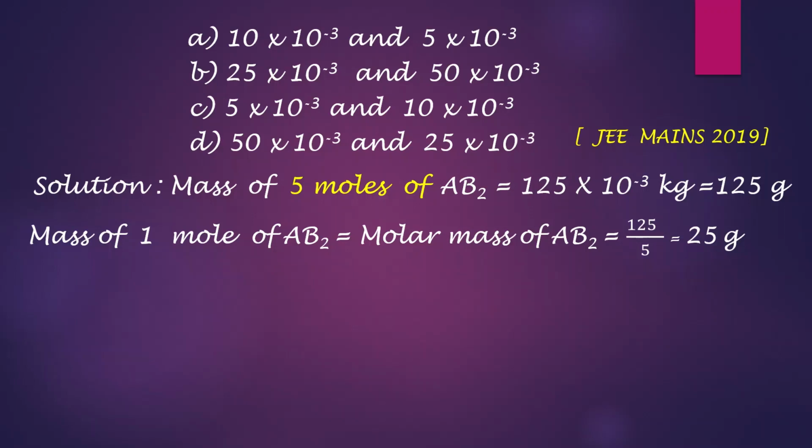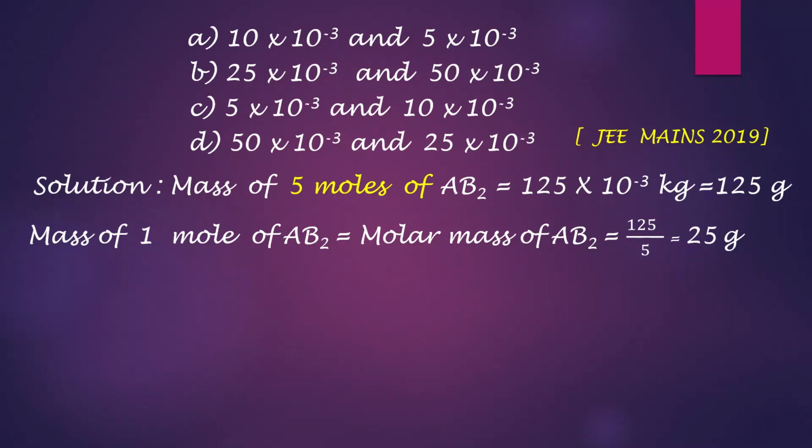If you convert this to gram, it becomes 125 gram. So the mass of 5 moles of AB2 equals 125 gram. Therefore, the mass of 1 mole of AB2, that is the molar mass of AB2, equals 125 by 5, that is 25 gram.